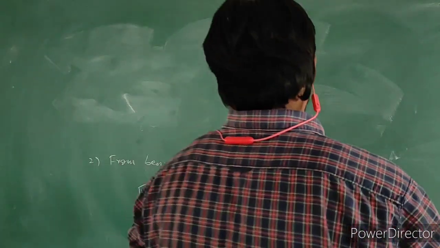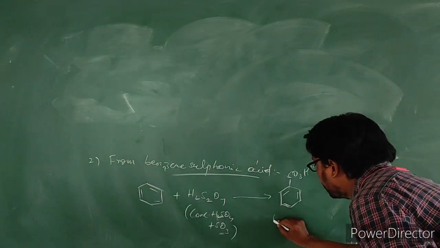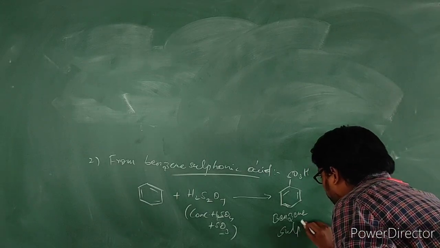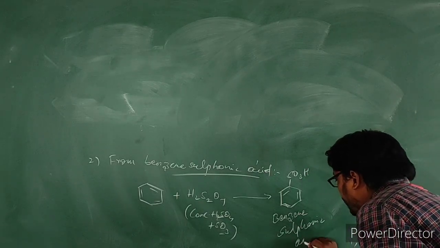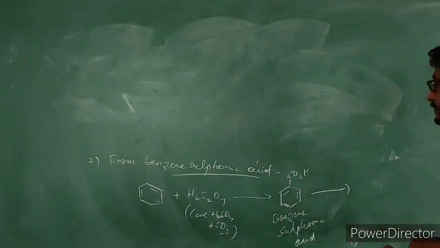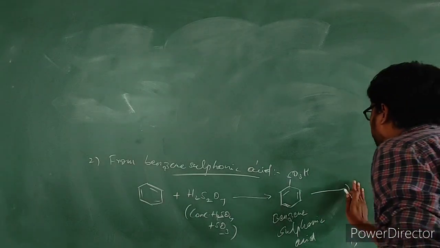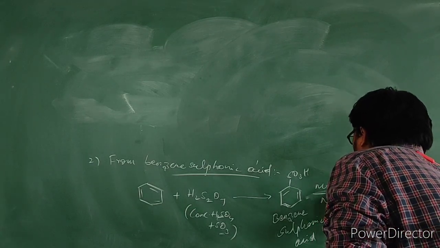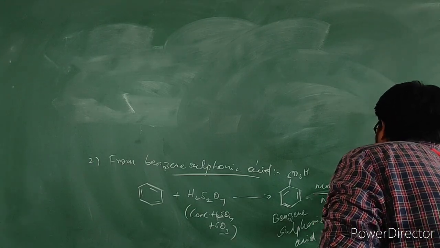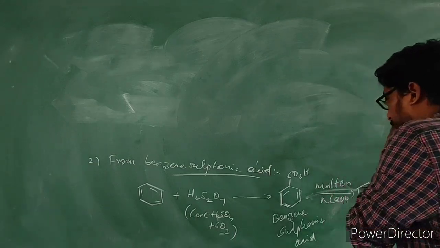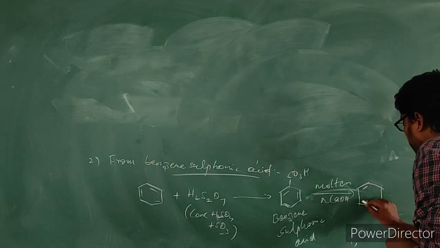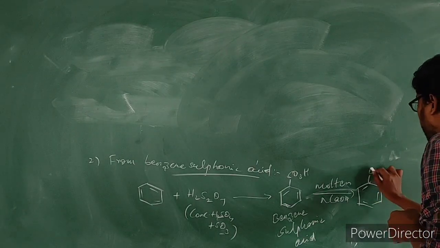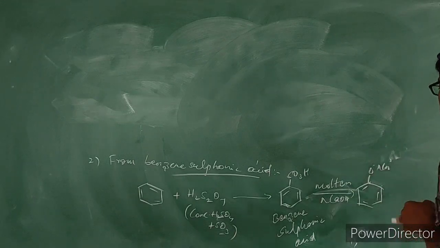This benzene sulfonic acid, when we treat it with molten sodium hydroxide, a sodium salt gets produced.